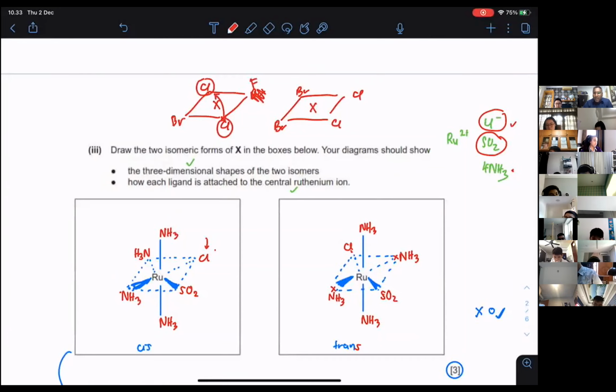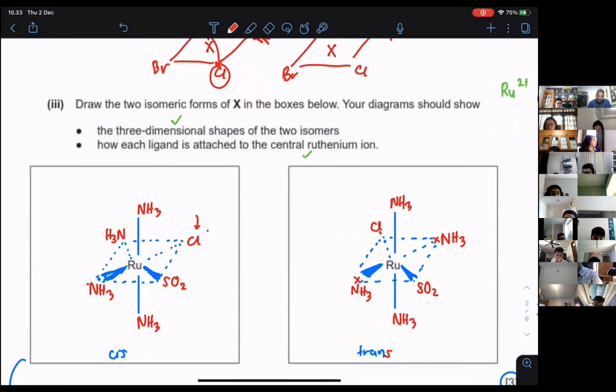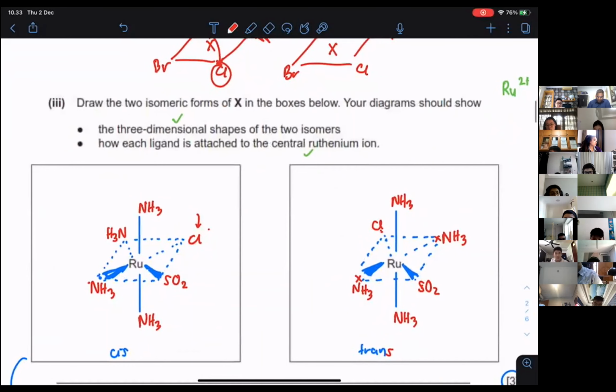Oh, sorry, not change Cl to NH3, but switch the Cl and NH3. So switch the position. Which one? You mean the Cl, you change the position to where? So the Cl comes here and then SO2 comes here? One NH3 from the triangular line switches position with Cl.